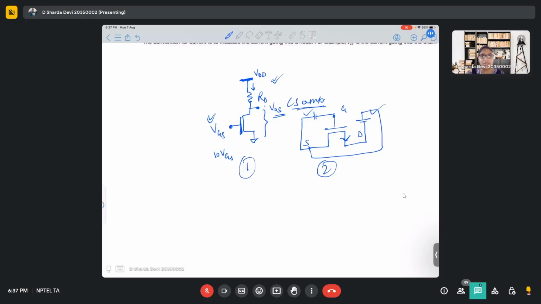But when you look at circuit one, only by changing your VGS can you change your characteristics, because VDS is actually dependent on VGS. Ideally these two can be used separately as well, but in circuits, we make it such that we can have some control, and using that control we design our amplifiers or the circuits that we need. So that is the idea.